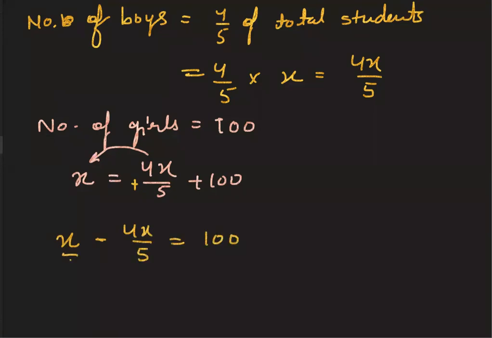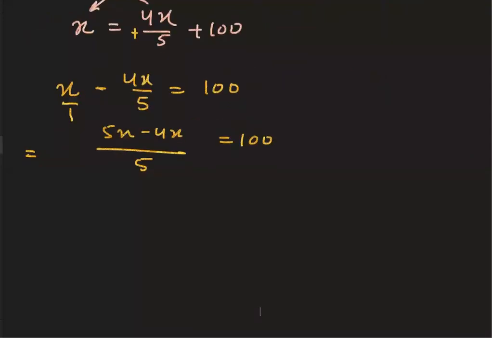Okay, now take 1 in the denominator. 5x minus 4x upon 5 is equal to 100. So this 5 is in denominator. When we will shift it, it will go in the multiply. So 5x minus 4x is equal to 100 into 5. So x is equal to 500. So this is the total number of students.